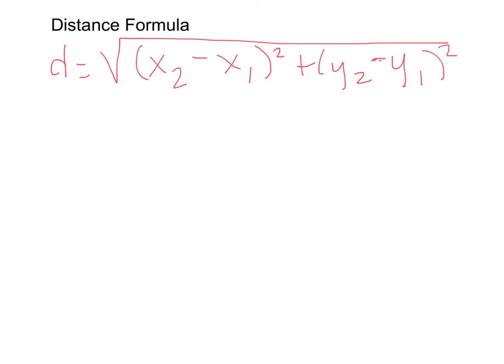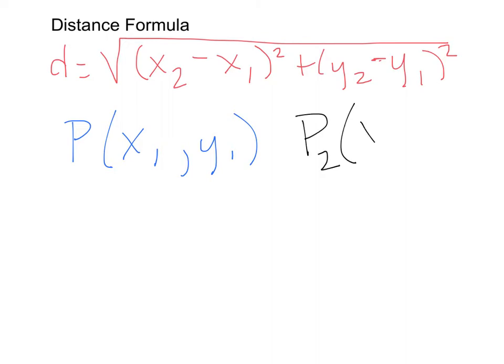Now, check this out. That x2 and x1 are subscripts, which means that I'm actually finding the distance between 2 points. So, I have my first point of x1, y1, and I have my second point, maybe put a little 2 in there, of x2, y2.